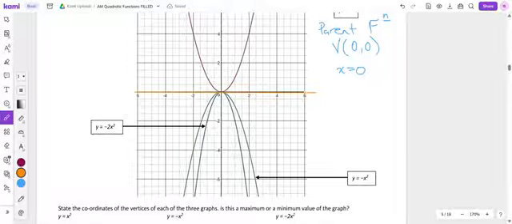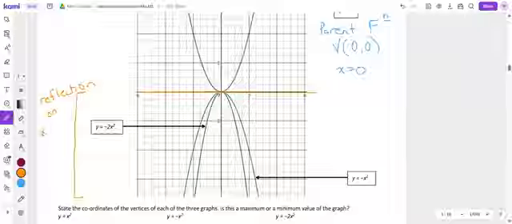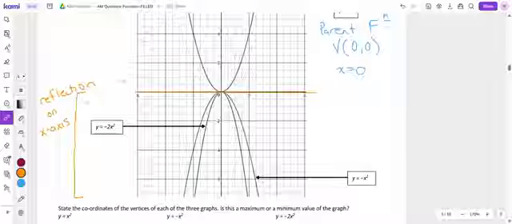And it's a reflection in the x-axis. It's like the x-axis is a monkey bar, and it flipped over it. So these are called reflection on the x-axis, or over the x-axis, or in the x-axis. But it's a reflection on the x-axis, okay?